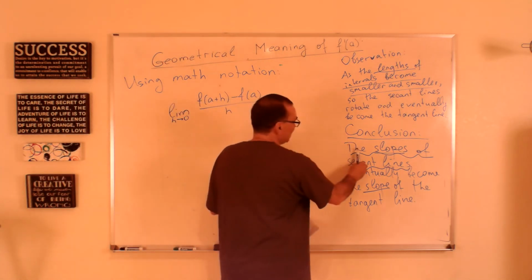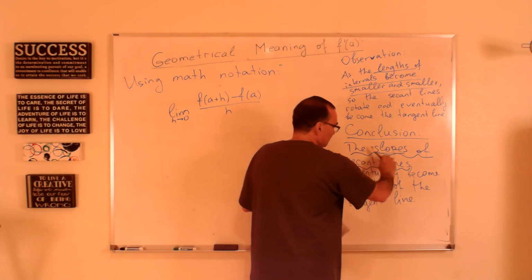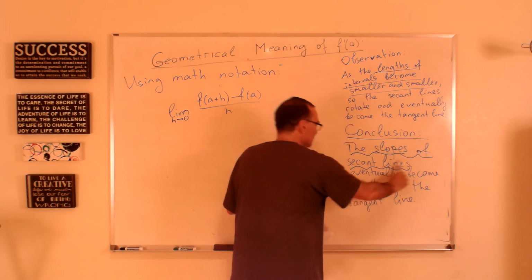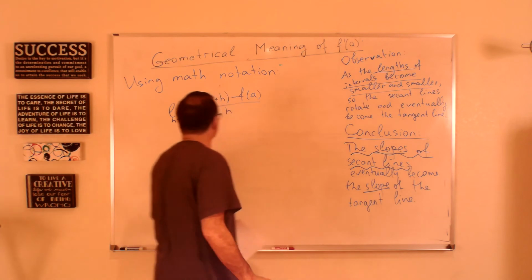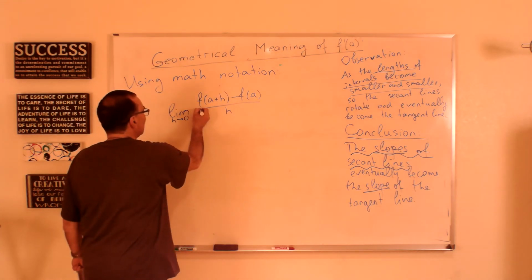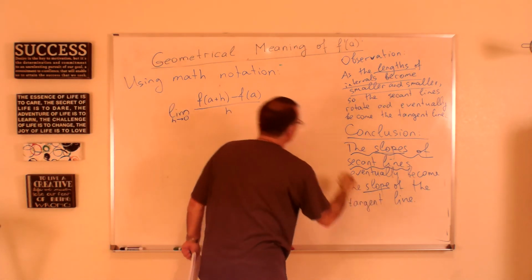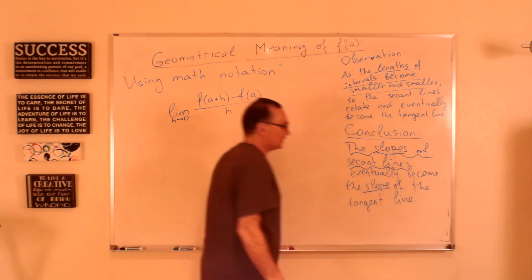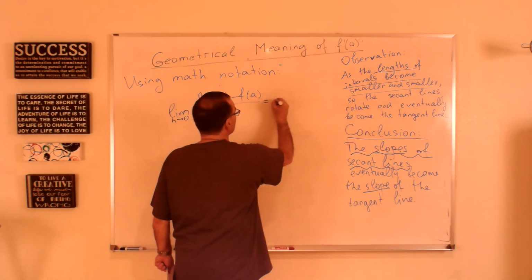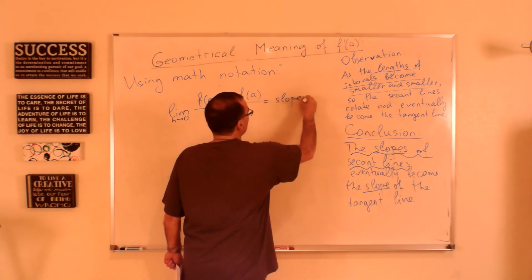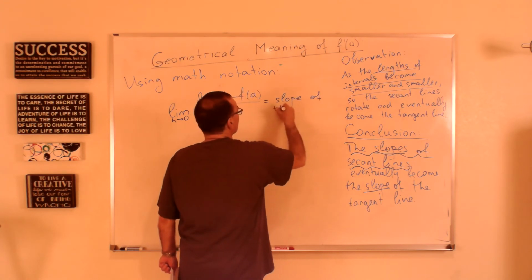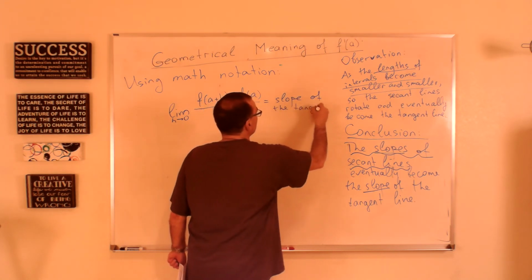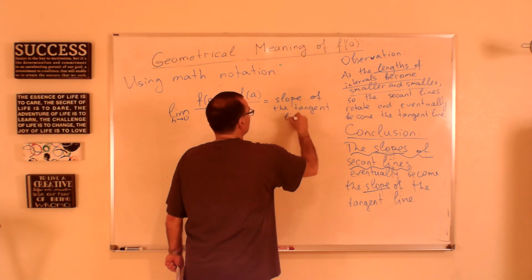So this is how I translate the phrase slopes of secant lines eventually become. They become this. And now they become what? The slope of the tangent line. The last portion of this sentence I don't want to translate, I just say equals the slope of the tangent line.